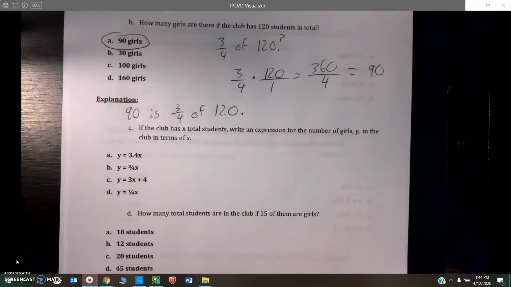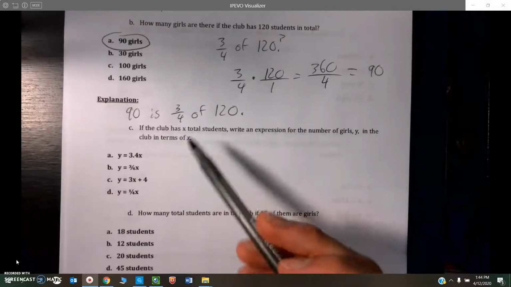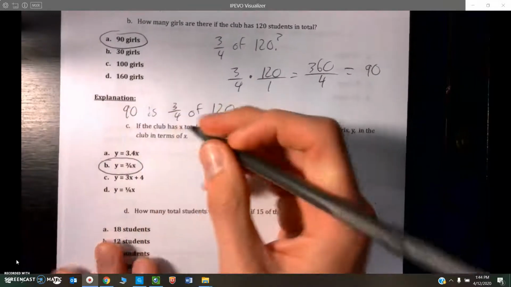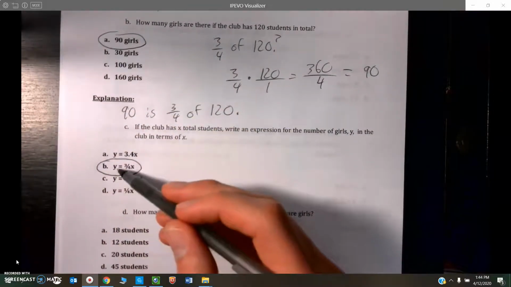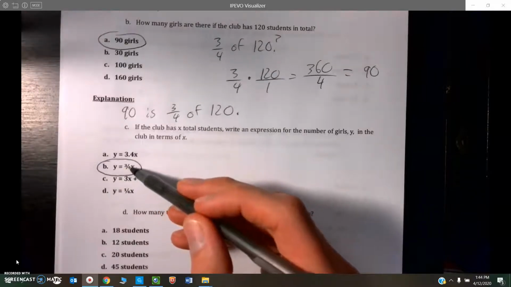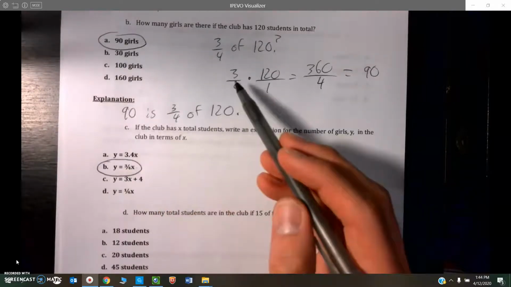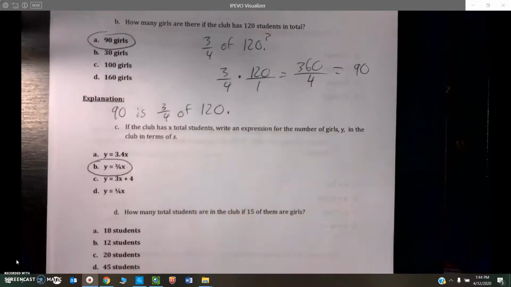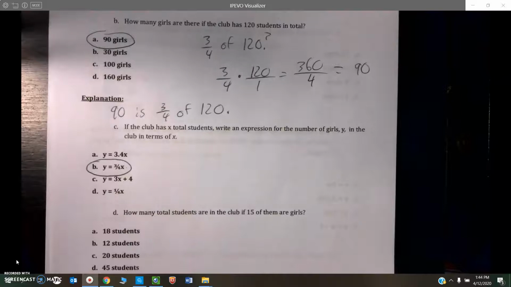We haven't been adding before. And what have we been multiplying by? We've been multiplying by 3/4. And this one shows to find the number of girls Y, we take the total number of students and multiply them by 3/4. That's exactly what we've done in the previous two problems. So this would be the correct equation.